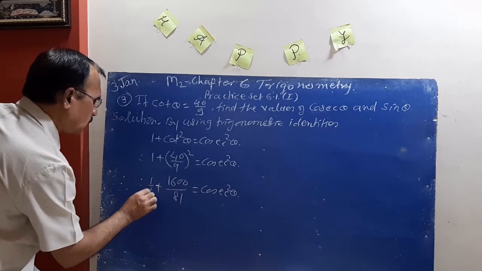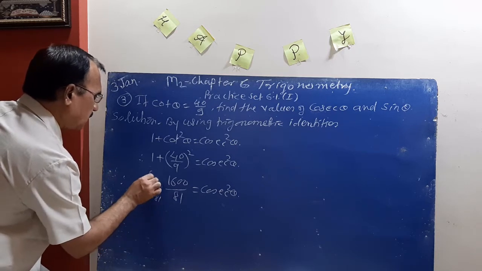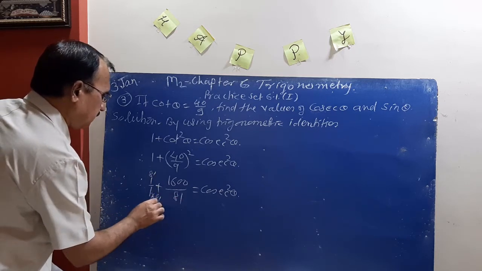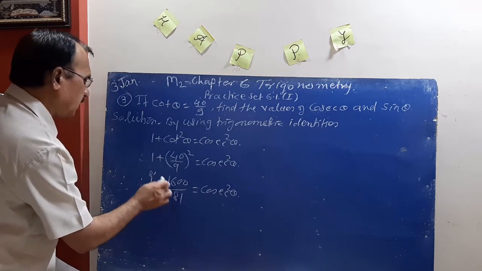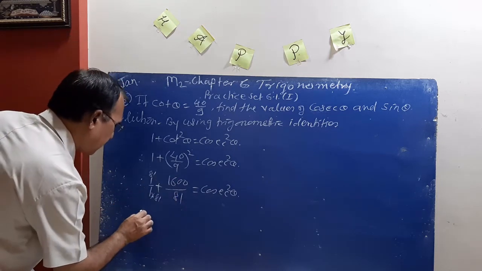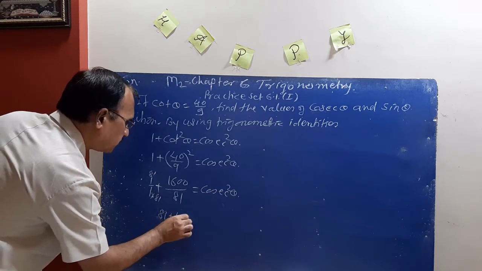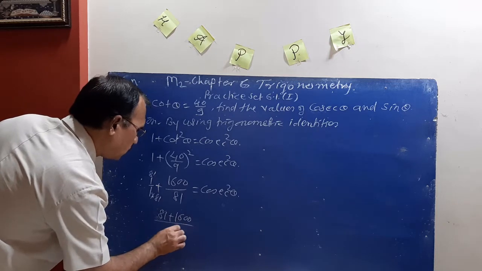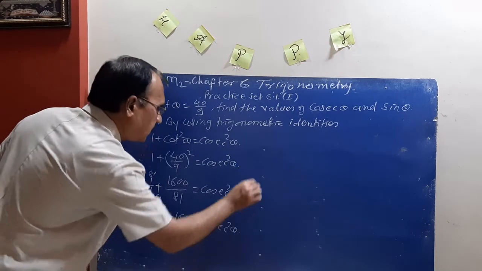1 we can write as 1 upon 1. Make denominator and numerator same. 81 is the denominator, which is same. Now we can add 81 plus 1600. 81 plus 1600 upon 81 is equal to cosec square theta.